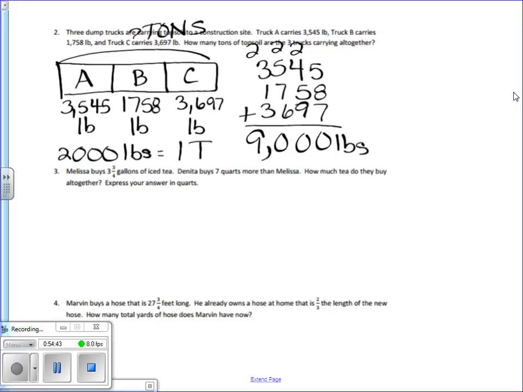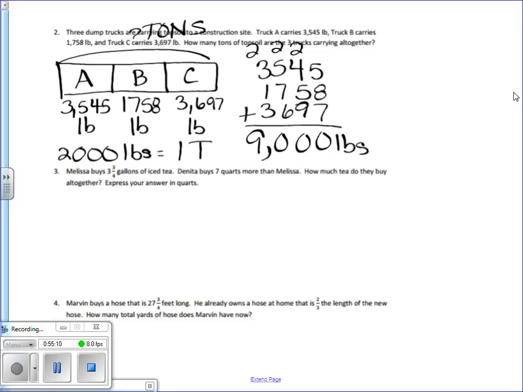If I have 3,545, about how many tons do you have here? 4,000. About how many tons do you have here? 4,000 pounds is about 2 tons, because you got close to 4,000 pounds. So you should have about 2 tons.